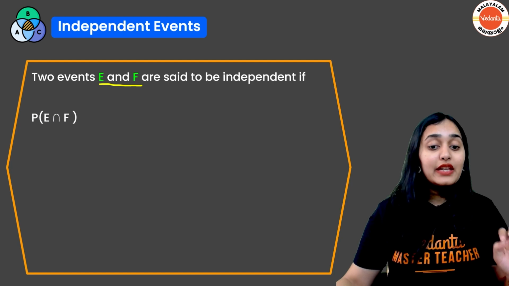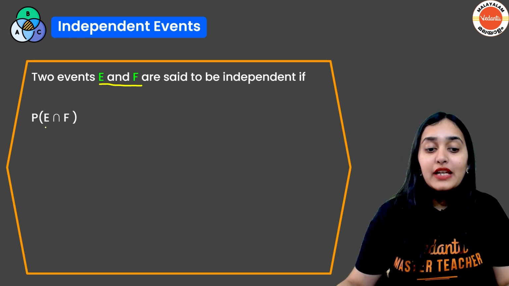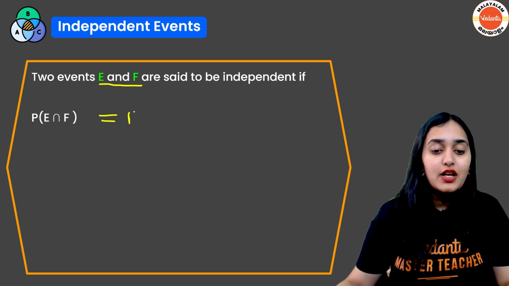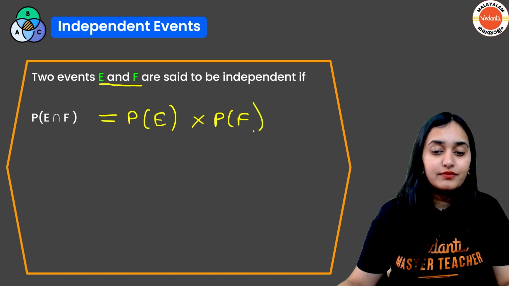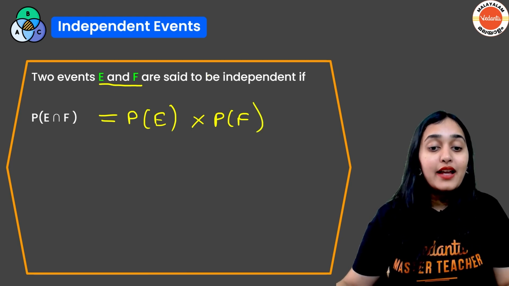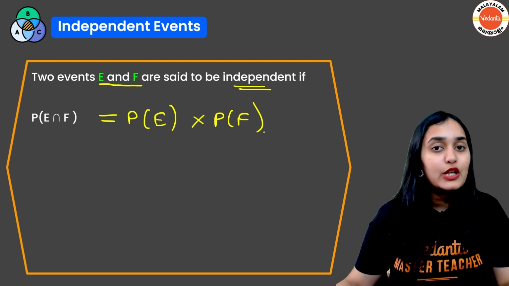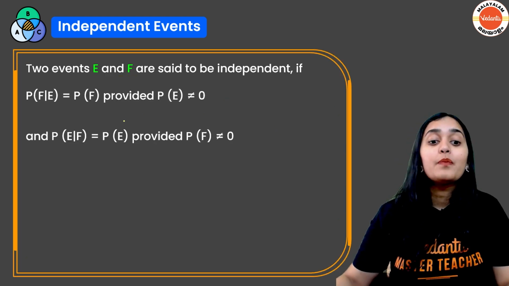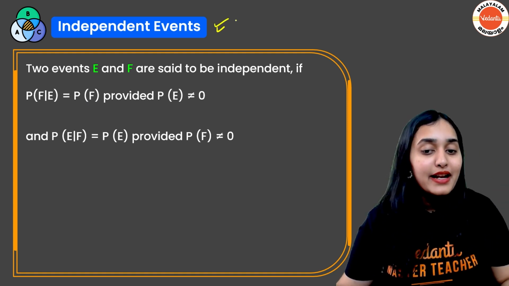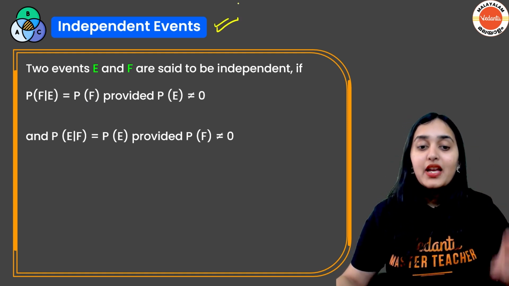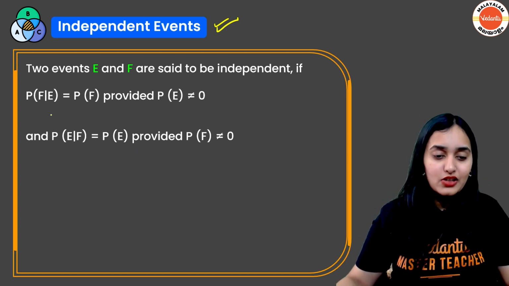Now, two events E and F are said to be independent if probability of E intersection F is equal to probability of E into probability of F. Now, will the conditional probability change if it is an independent event? Let's calculate the conditional probability.